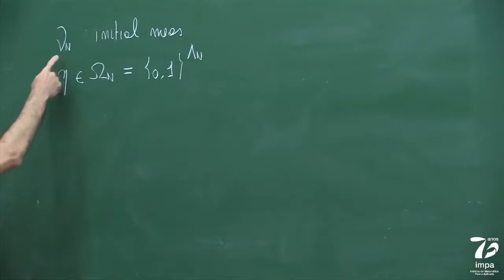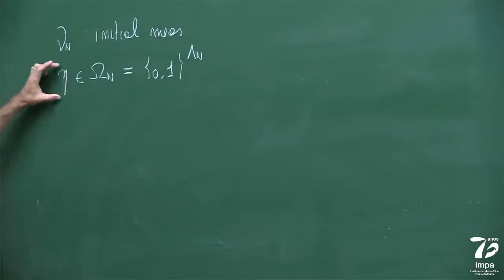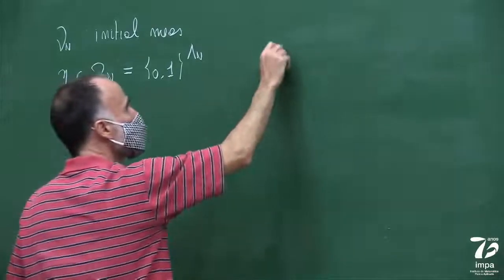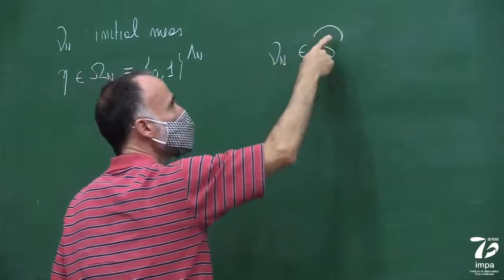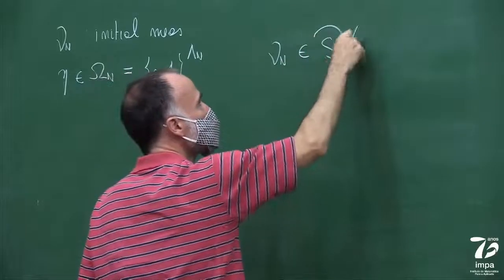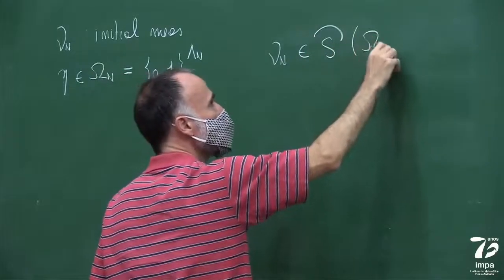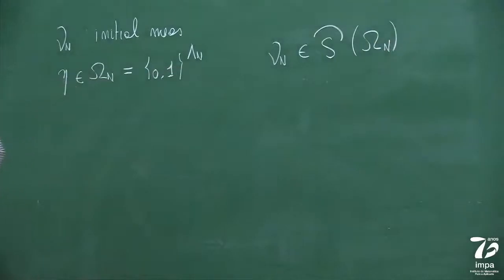And now nu n is a measure over the configurations. So nu n is an element of, let me represent by P, the set of probability measures over my space omega n. Okay. So this is the initial distribution. It's how I distributed particles.